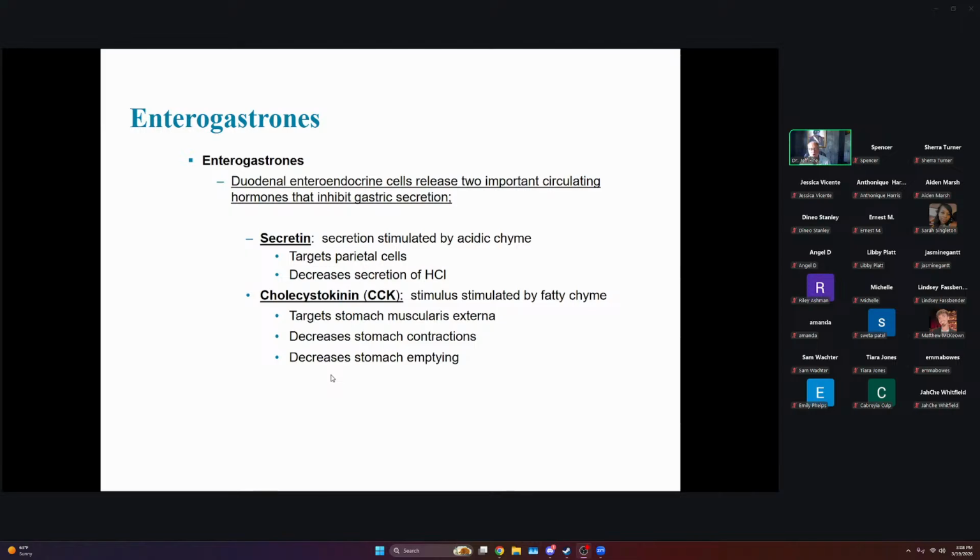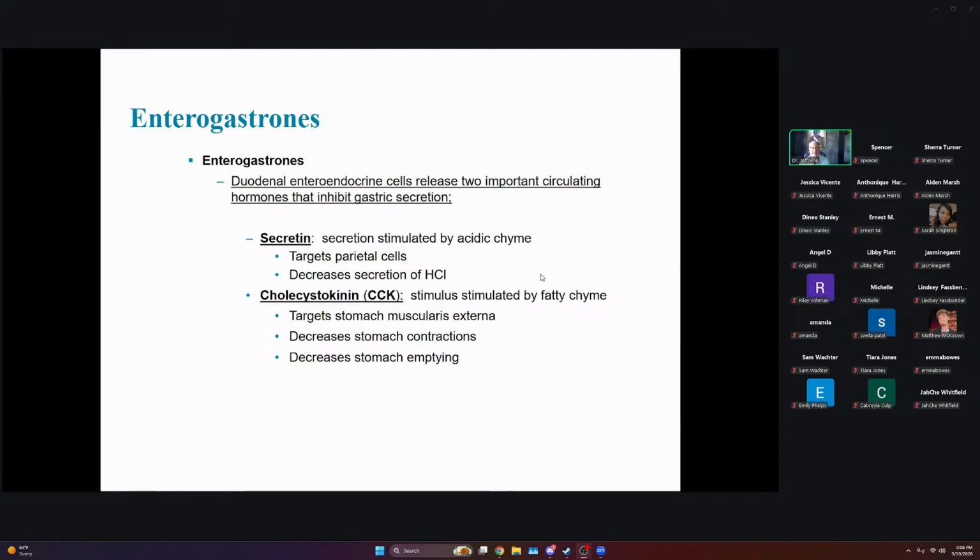Then we have cholecystokinin, CCK, another hormone that is stimulated if the chyme emerging into the duodenum from the stomach is too fatty. There's too many lipids in it. And when chyme has too much fat content in it, that is a sign that it should have spent more time in the stomach, being further digested.